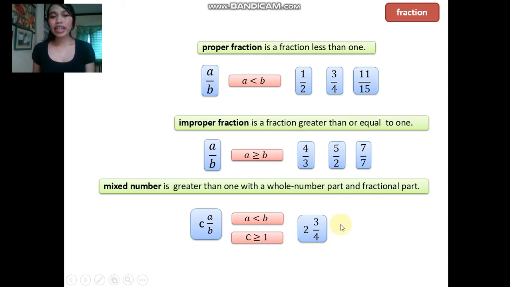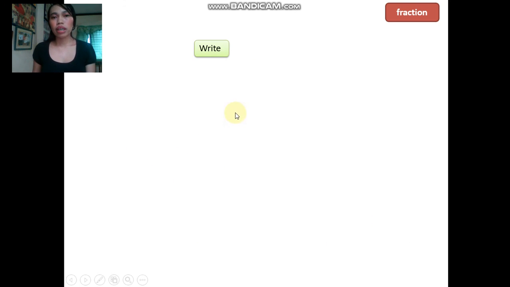We have here examples: 2 3/4, 12 3/4, and 7 1/5. So an improper fraction can be written as a mixed number, as well as a mixed number can be written as an improper fraction. But proper fractions cannot be written as improper fractions or mixed numbers.